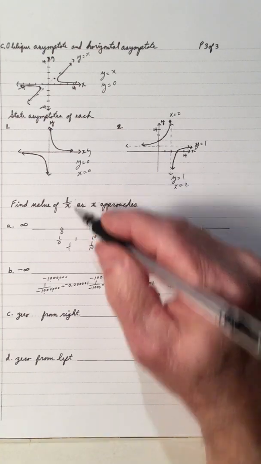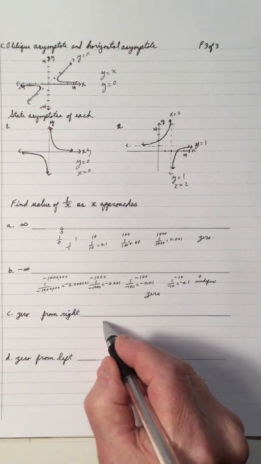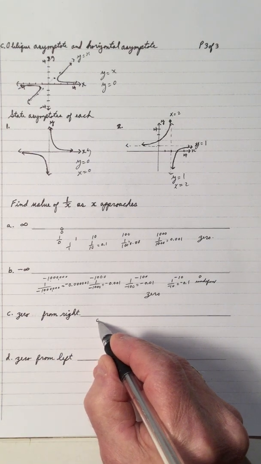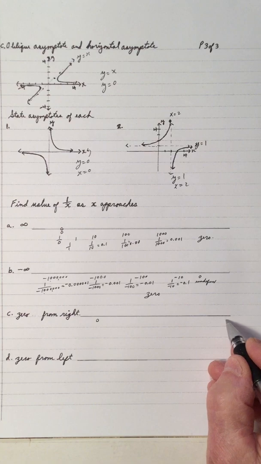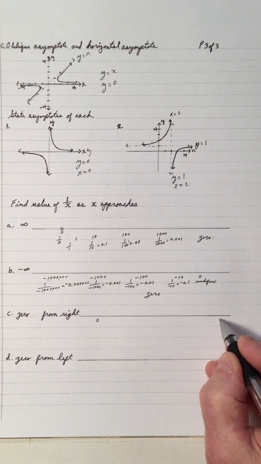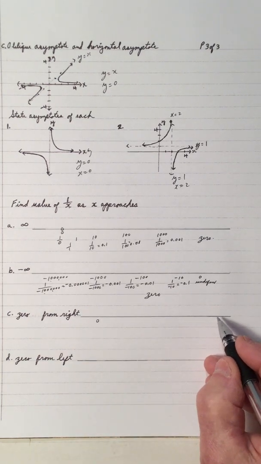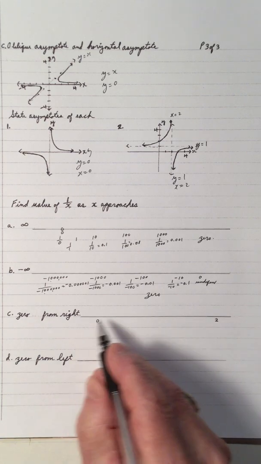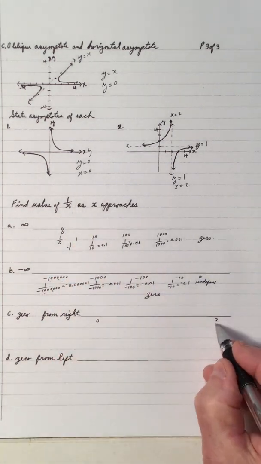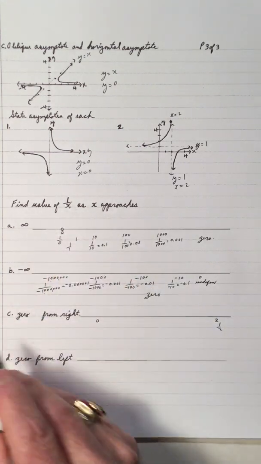What about if you approach 0 from the right? So let's put 0 right here, and let's start out here and approach 0 as we come in. Let's take the number line, I'm skewing it a bit here. Let's take 2. If we're at 2, we get 1/2. So this expression is a half.